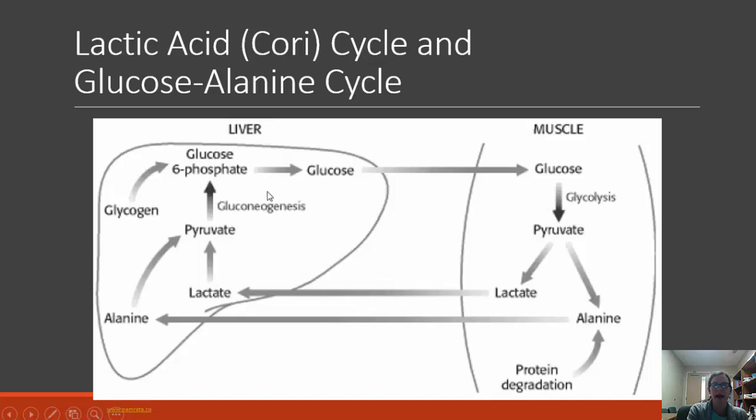So that's the Cori cycle. However, the glucose can also be degraded to pyruvate in the muscle and then transaminated to alanine, and the alanine can then go back to the liver to be deaminated back into pyruvate for gluconeogenesis.